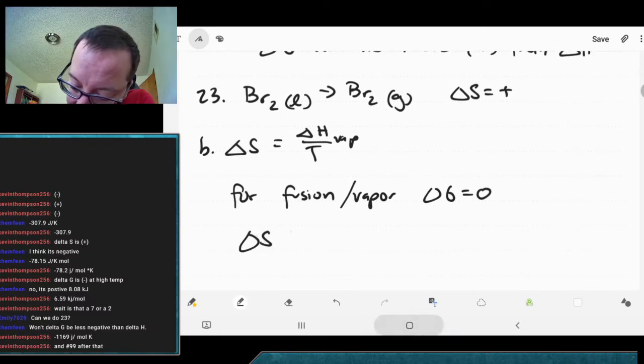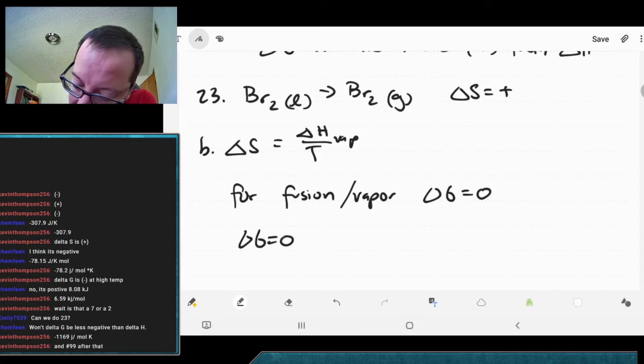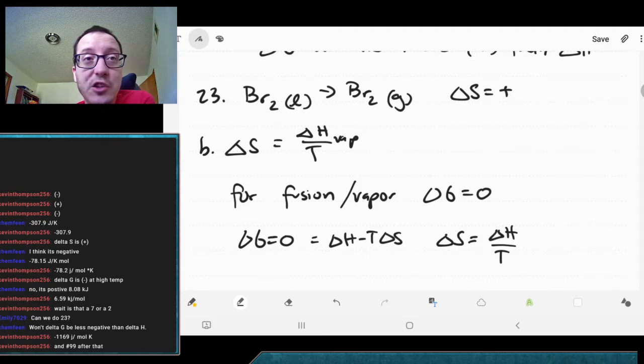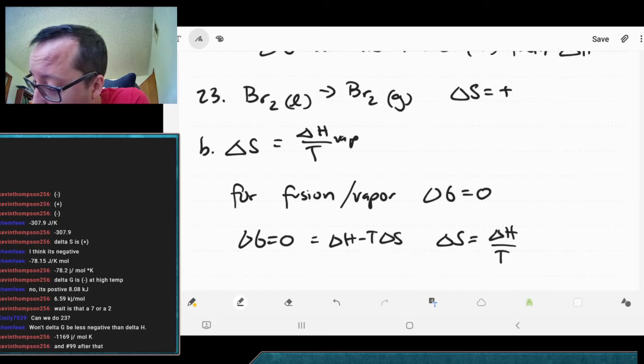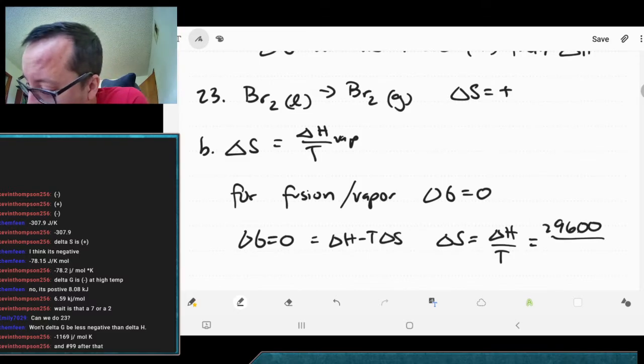And so, delta G equals 0, but delta G equals delta H minus T delta S. So delta S therefore will equal delta H over T if delta G equals 0. And so we can go ahead and calculate that. The value here is 29.6, or let's make it into joules, rather. That's the trick here, right?